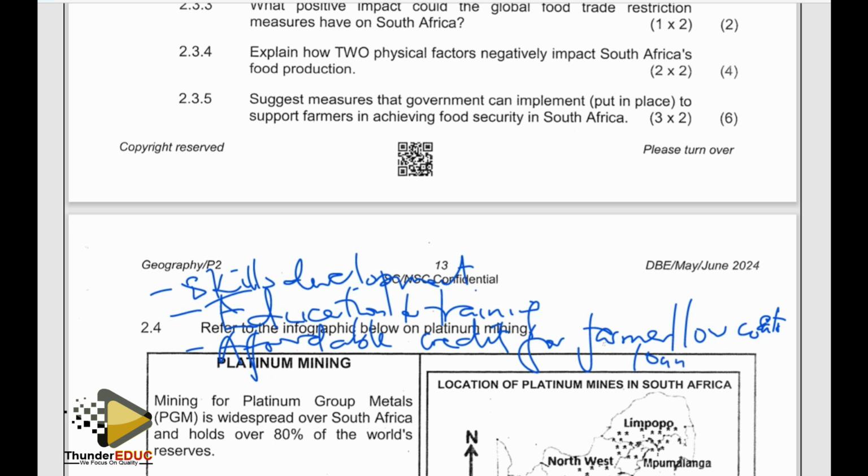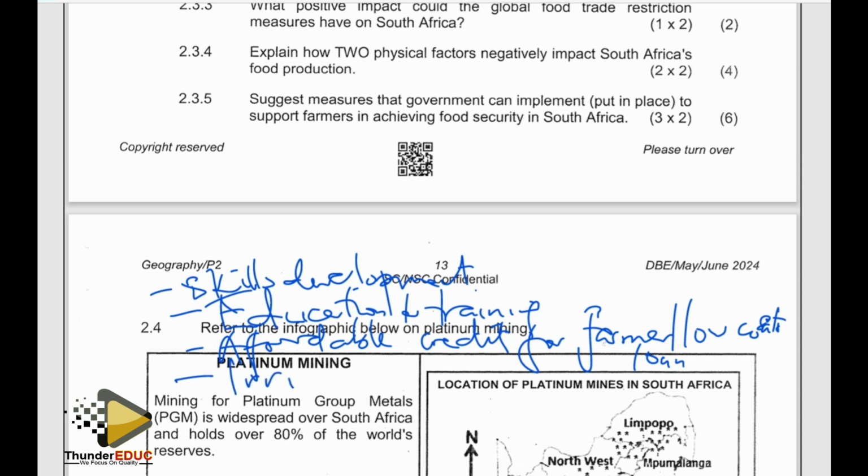If farmers have got access to finance, they can now be able to finance their farming operations and be able to come out with good production from their operations. So if we afford them low-cost loans or affordable credit, that means the farmers can acquire whatever inputs they want to use in their production processes, and hence enhancing agriculture.